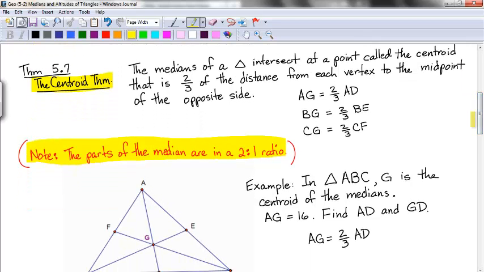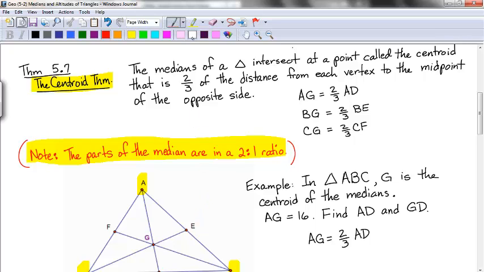Okay, so draw another triangle. And again, they tell you that it's a centroid. It says in triangle ABC, and they're labeling this A, this B, this C, G is the centroid of the medians.